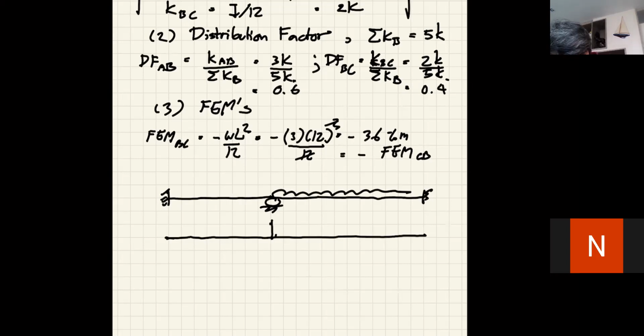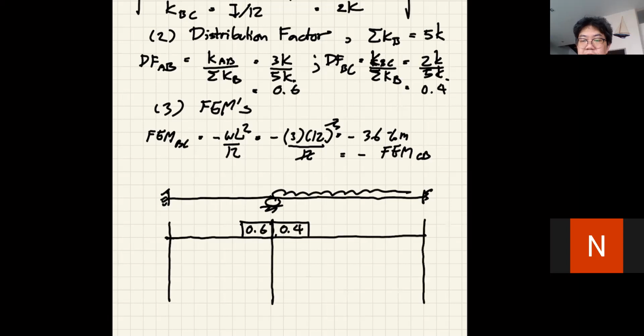So I'm going to put 0.6 here, so that I know member AB will help contribute 60% and member BC 40%. Okay, and I'm going to draw the line here, and perhaps I need another line here, and then here.